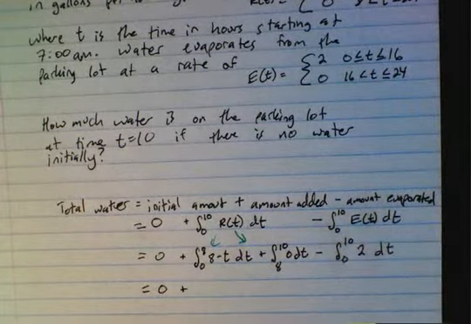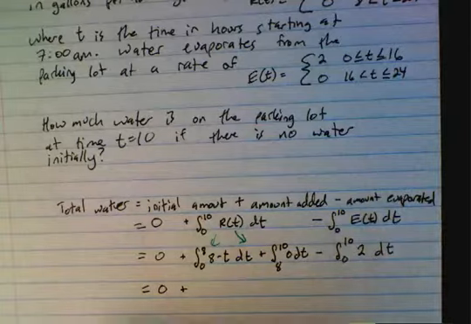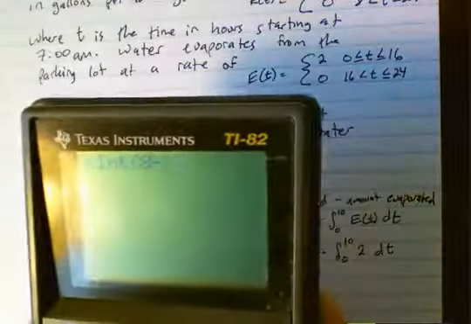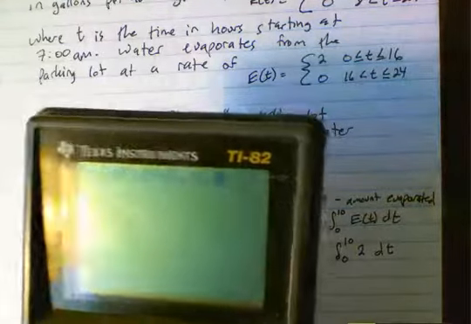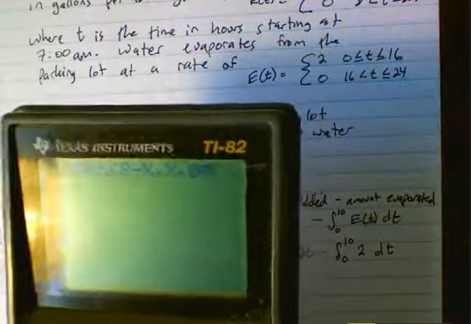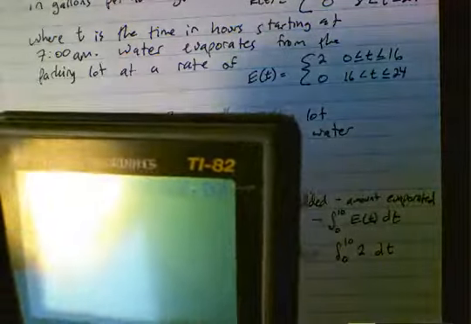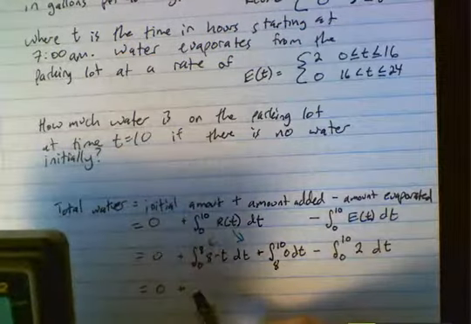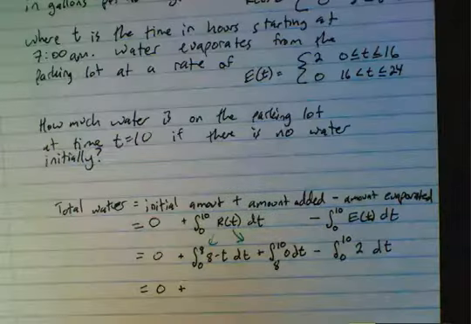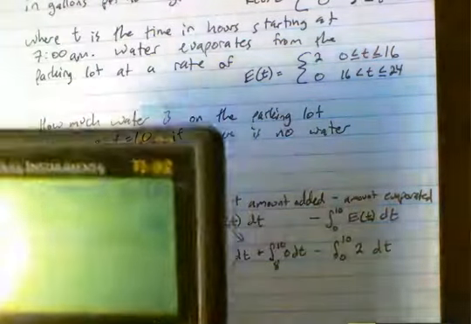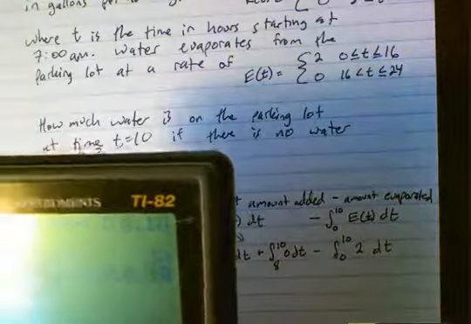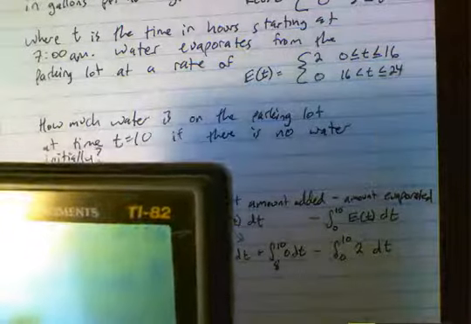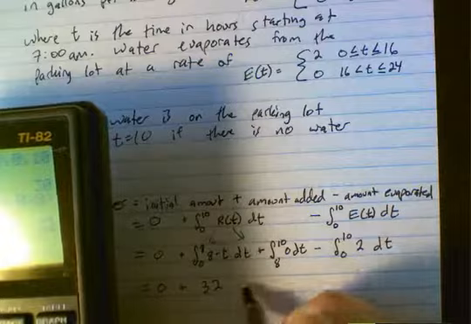This we can just use the finite integral for, math 9. 8 minus t, or x, same variable from 0 to 10. Try that again, that's 0 to 8. Okay, so that's 32.